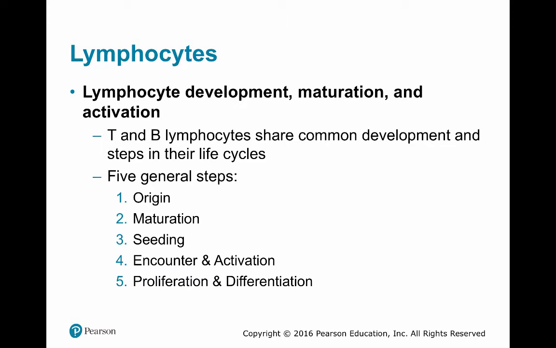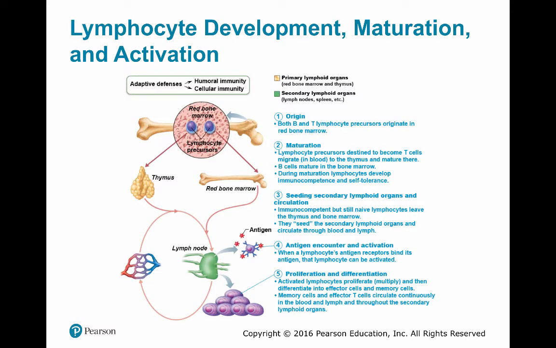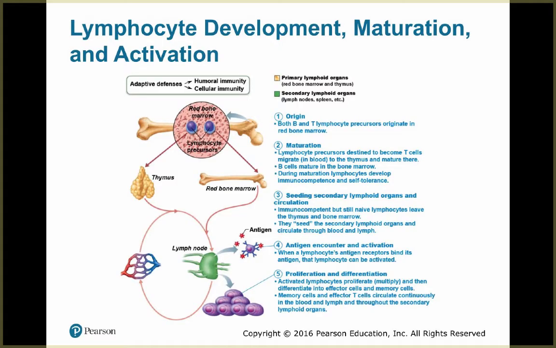So let's actually look at what's going on. If we look here, guys, the origin: where do they come from? Well, we've already talked about this. Both B and T lymphocyte precursors originate in the red bone marrow. But where they actually mature is at two different sites.